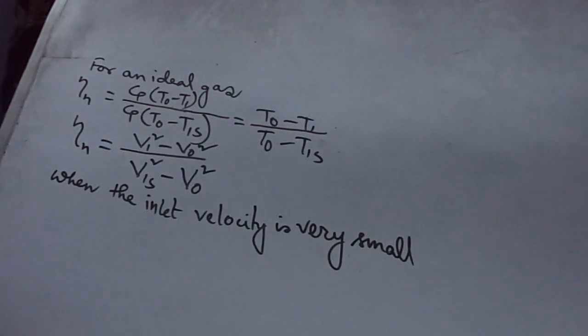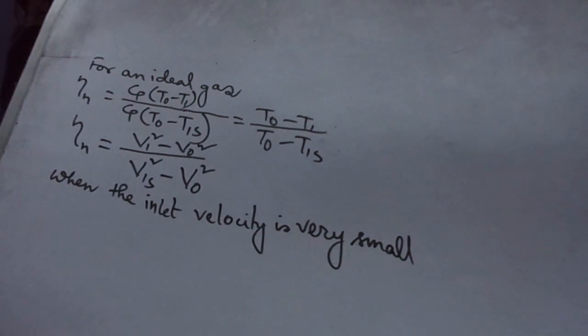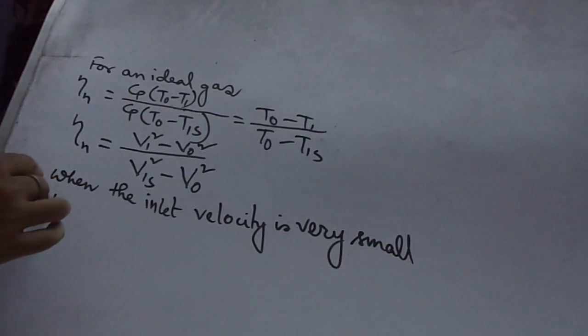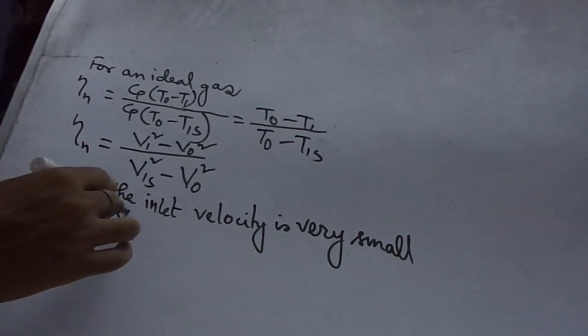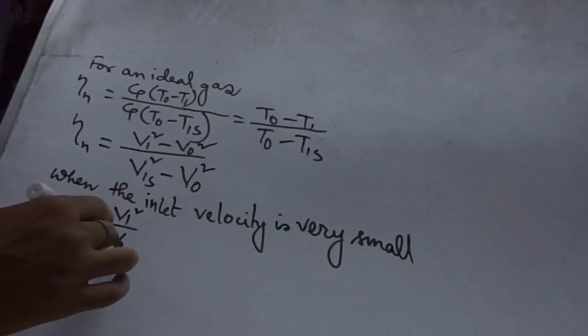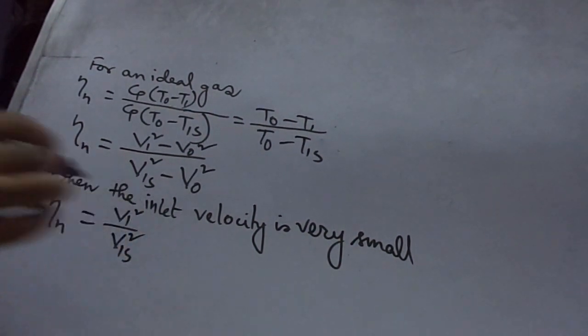When the inlet velocity is very small, eta n equals V1 squared divided by V1s squared.